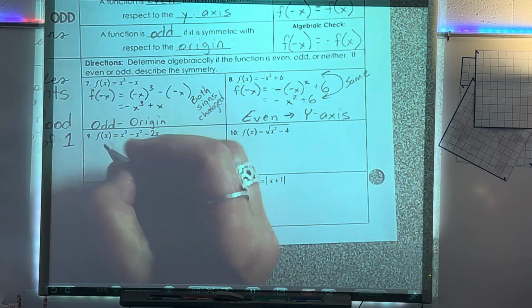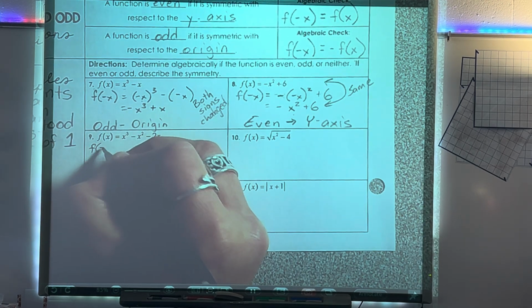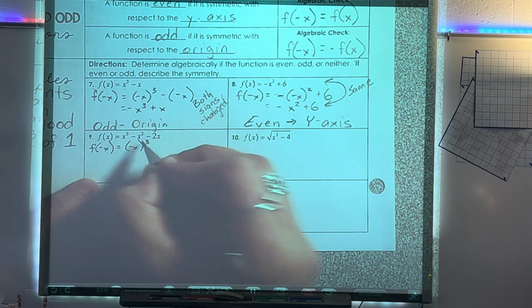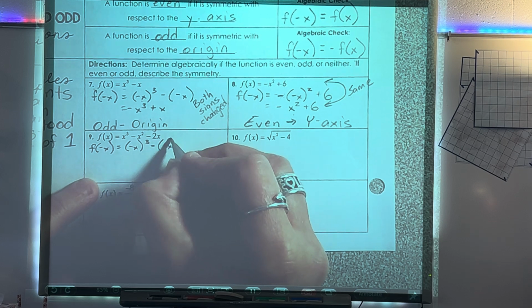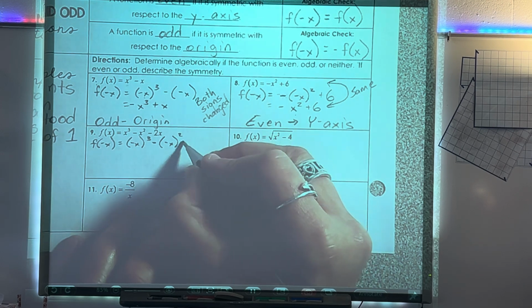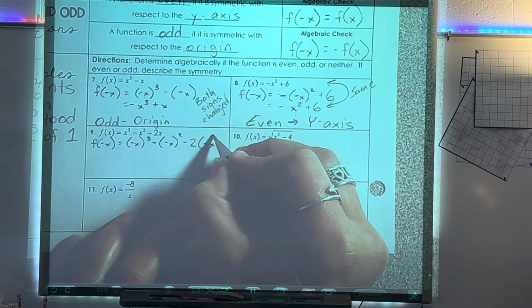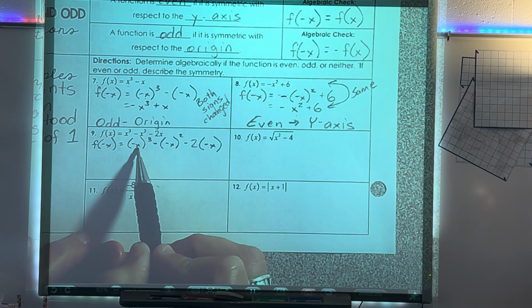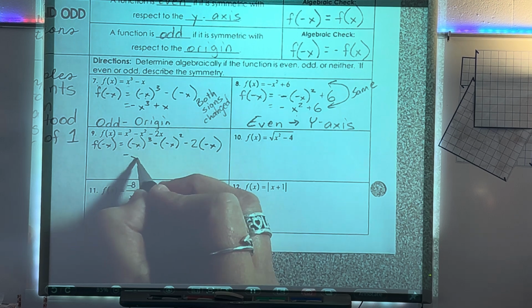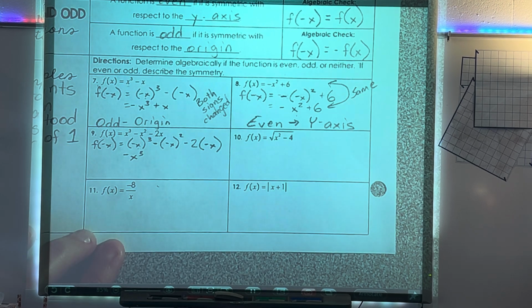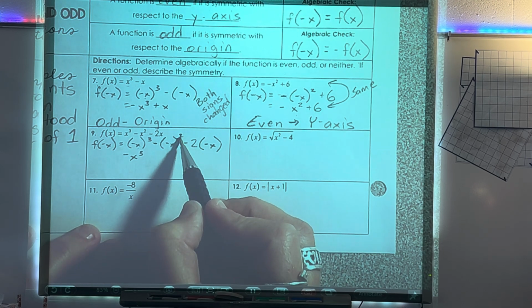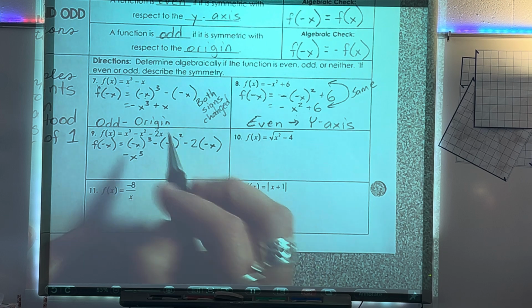So if we look at this one, I have f of negative x is equal to negative x cubed minus negative x squared minus 2 times negative x. Here, this is cubed. Well, a negative to an odd power is going to be negative, right? This is going to be negative x squared, it's an even power, meaning it's going to be positive x squared.